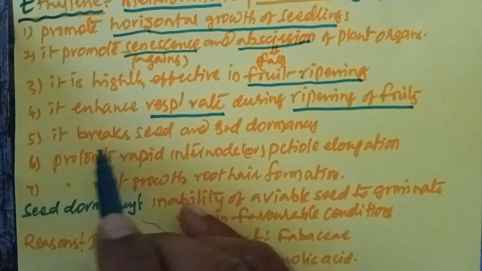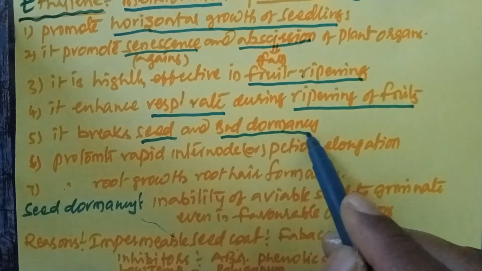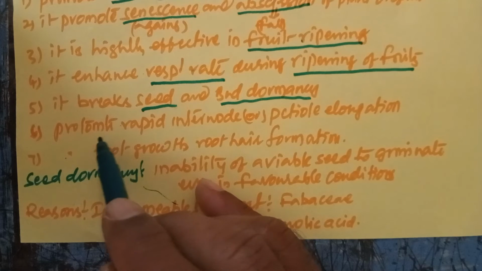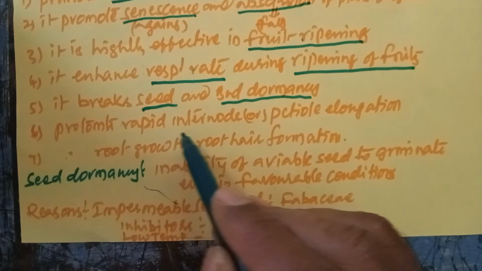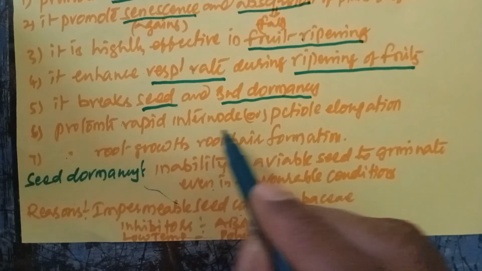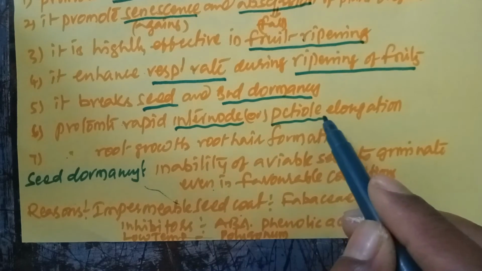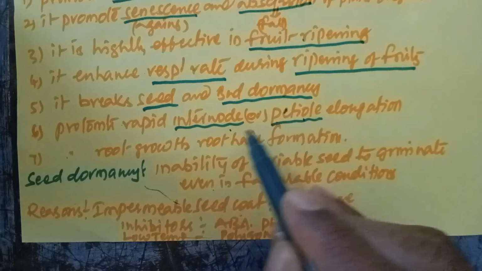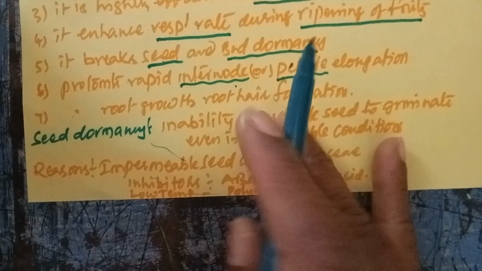Ethylene is mainly involved in breaking seed dormancy and bud dormancy. The other function of ethylene is that it promotes rapid elongation of internodes and petiole. So elongation of internodes and petioles is rapidly promoted by ethylene.